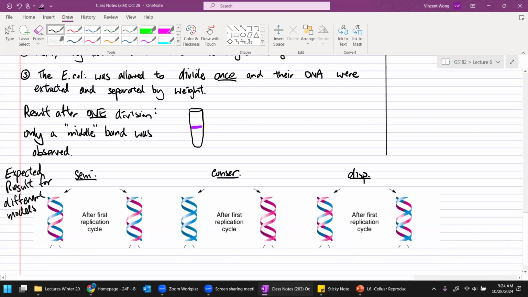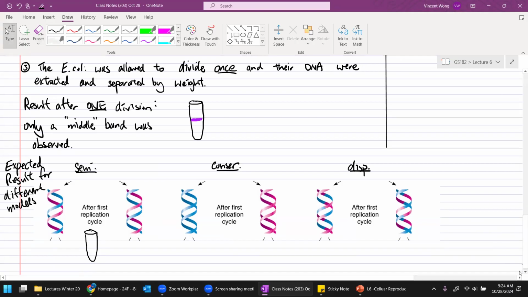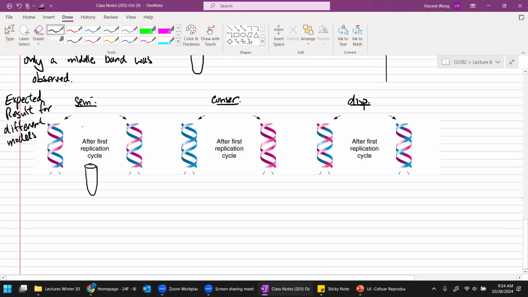Okay, let's draw this out and see what the expected result is. For this one, where would you expect the band? We did this already, I just want to ask you again. If you extract this DNA and you spin it down, do you expect it to be top, middle, or bottom? Middle. Good. For conservative, if you spin it down, where do you expect the band?